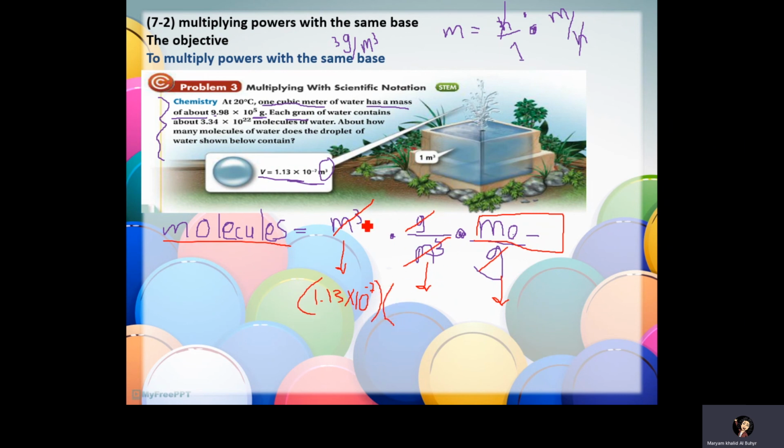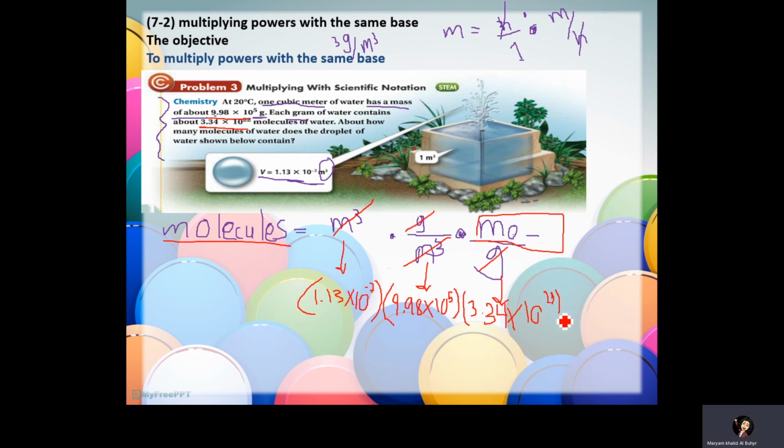Now the second ratio represents this number, 9.98 times 10 to the power 5. Then finally, the last number, which is this one, is represented by 3.34 times 10 to the power 22.